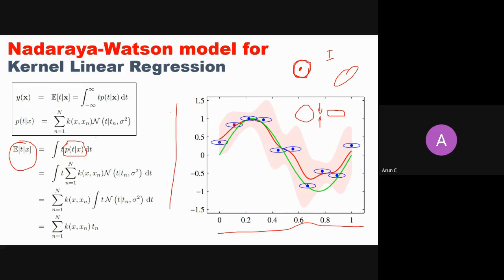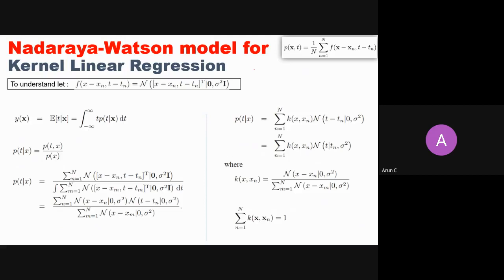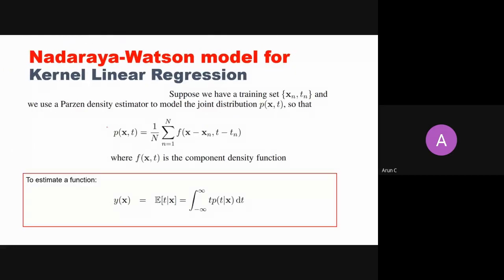So the idea is to calculate the density. Let's do some exercise and then we will retake it. I am discussing the joint probability first: how to find the joint probability of x comma t. To make it concrete, assume that my component density is normal.